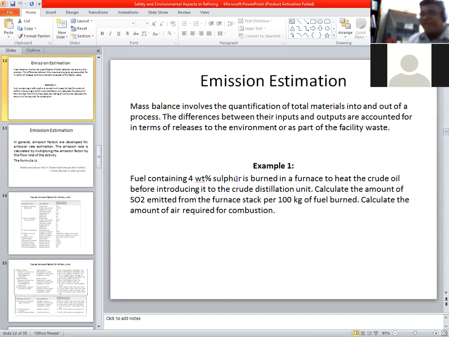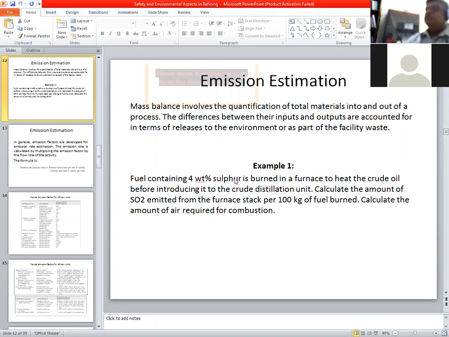We have to calculate the amount of sulfur dioxide from the furnace stack per 100 kg of fuel burned. Also, we have to calculate the amount of air. Two things: we have to find the amount of sulfur dioxide and the amount of air for combustion.